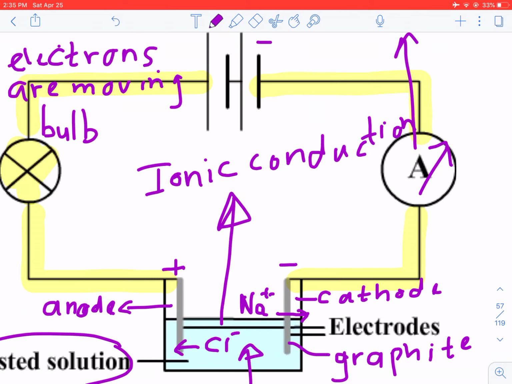So within the solution, you've got ionic conduction. That means your ions are moving, and in the external circuit, you've got electrons moving. So your circuit is complete. Because essentially, what's a current? A current is a movement of charge. In the external circuit, you've got electrons moving, and in solution, you've got ions moving.